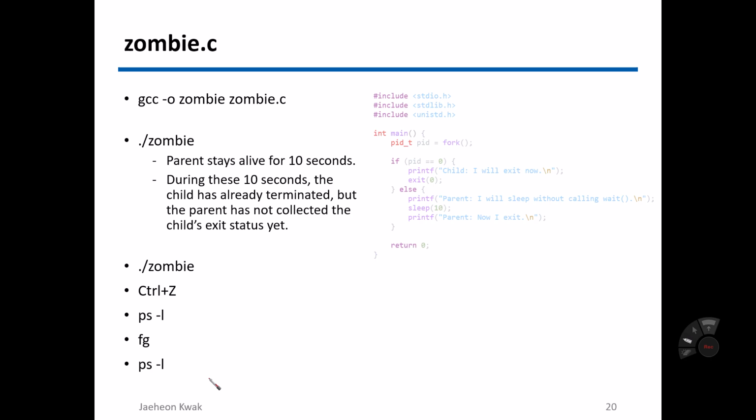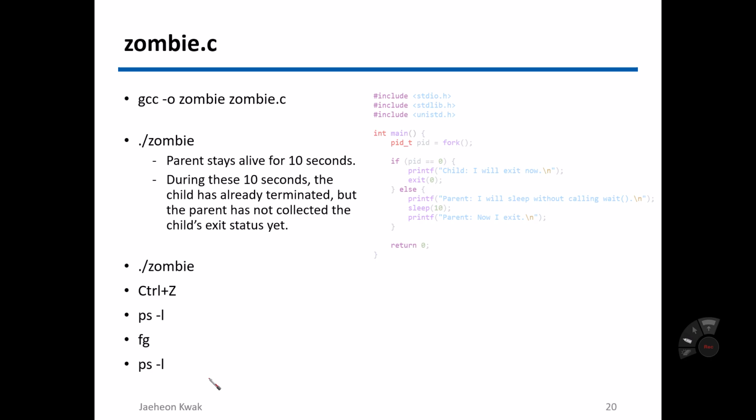So when I type FG, because the 10 seconds have already passed, the last string will be printed immediately. So that is an example of the zombie process.